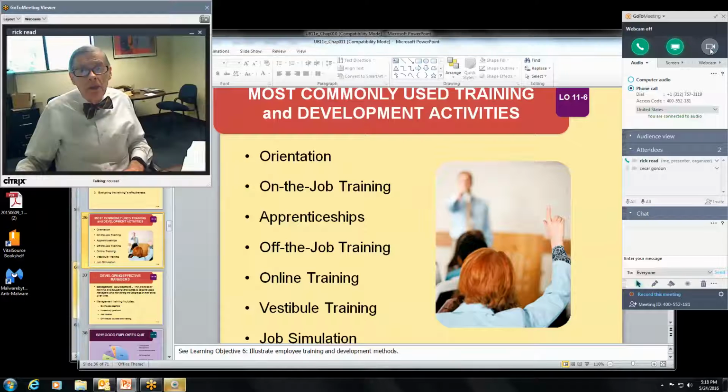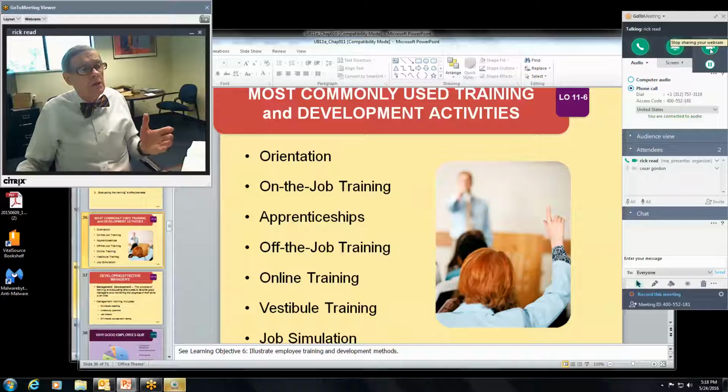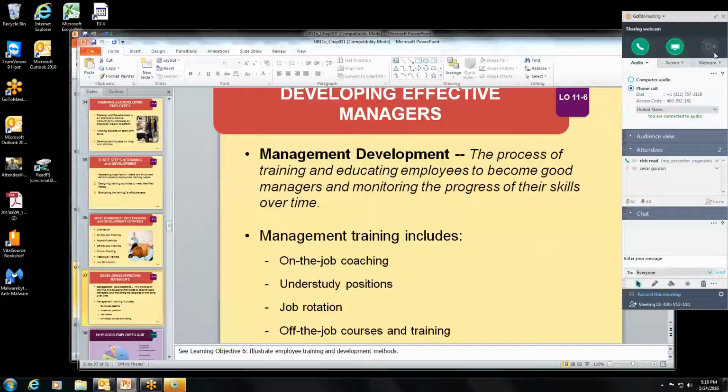These are common training activities. Talk about development here. I break these up: orientation and OJT, on-the-job training, are training programs. An apprenticeship can be, or it could be, a development program. But things like vestibule training and job simulation probably are talking more about development, even though they talked about training.